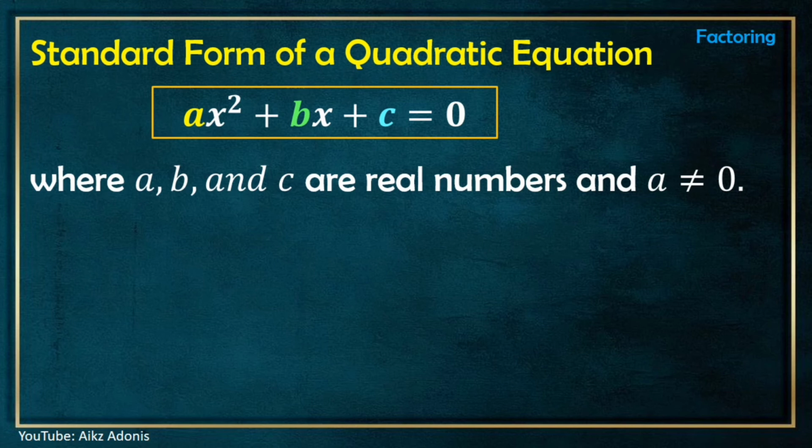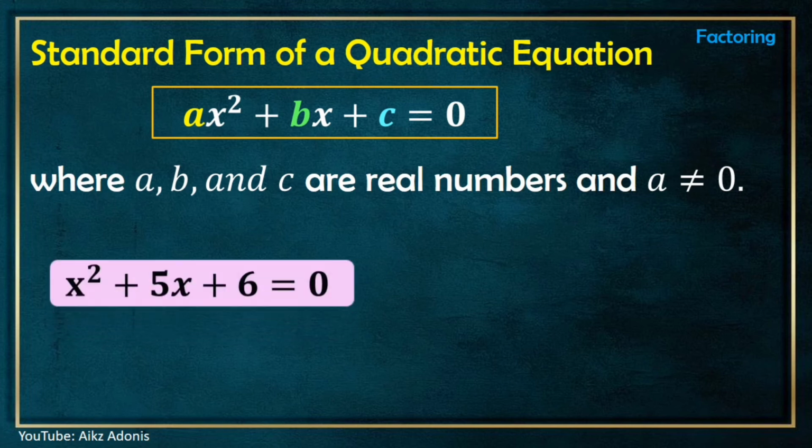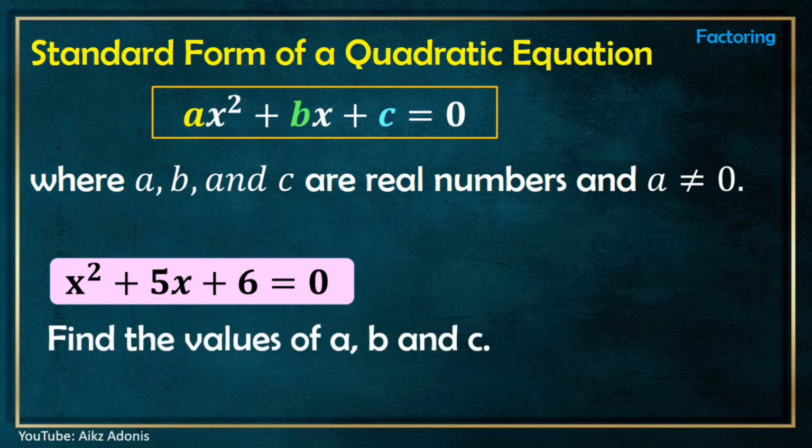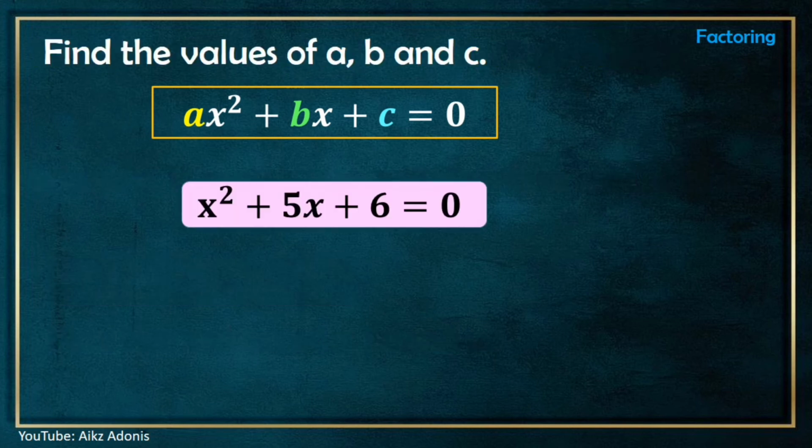Now, given the quadratic equation x squared plus 5x plus 6 equals 0, let us find the values of a, b, and c. The value of a is the numerical coefficient of x squared, the value of b is the numerical coefficient of x, and c is the constant.